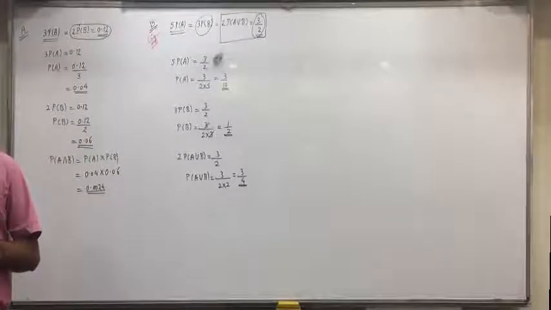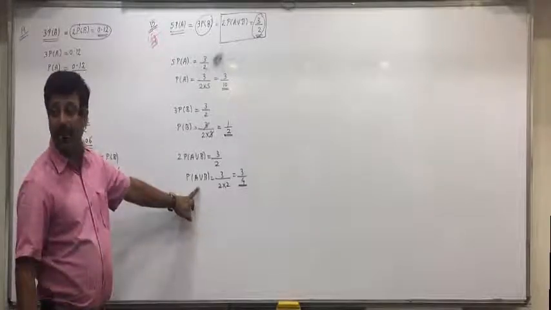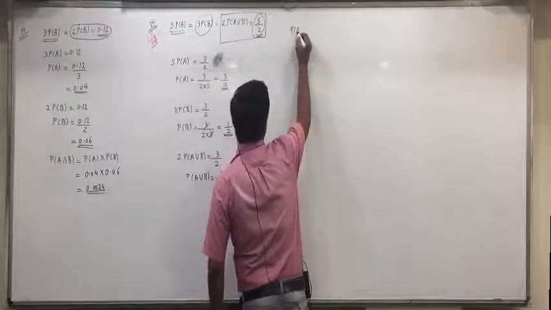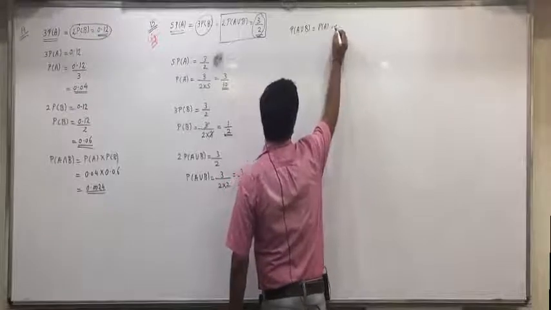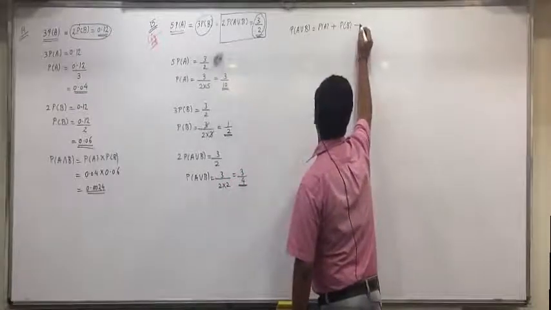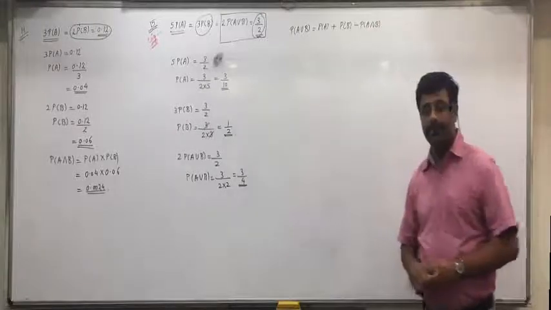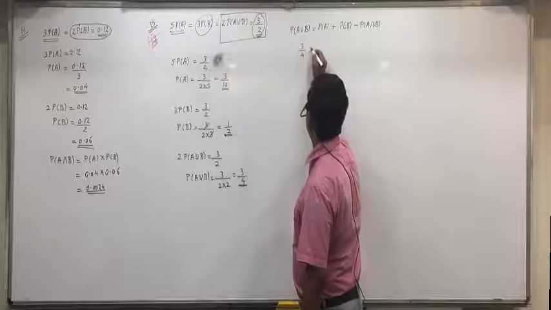That I made you write in the formulas. So to get A naught union B naught, first we need A intersection B. And how will we get A intersection B? Applying the formula of A union B. So first set down the formula of A union B: P(A) plus P(B) minus P(A intersection B). P(A union B) is given as 3 by 4.